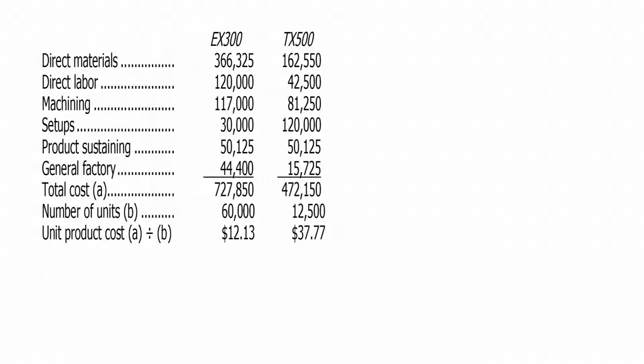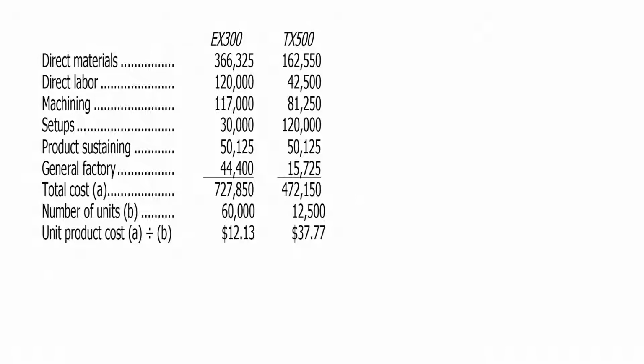So then we add up all the costs and we get 727,850 of total manufacturing costs for this product to produce 60,000. That is the equivalent of $12.13 product cost for each unit. Let's go and do the same thing for the TX500.